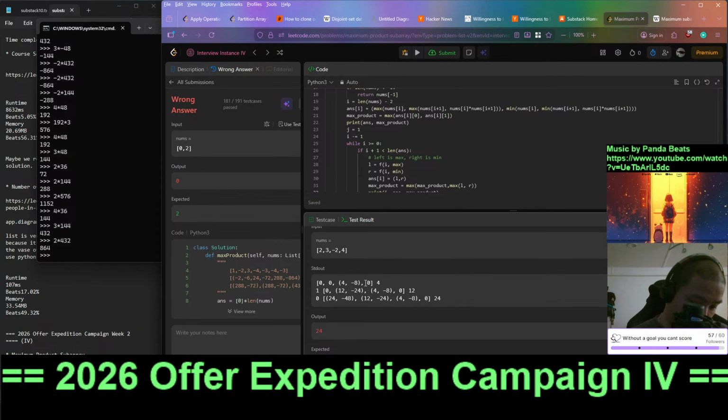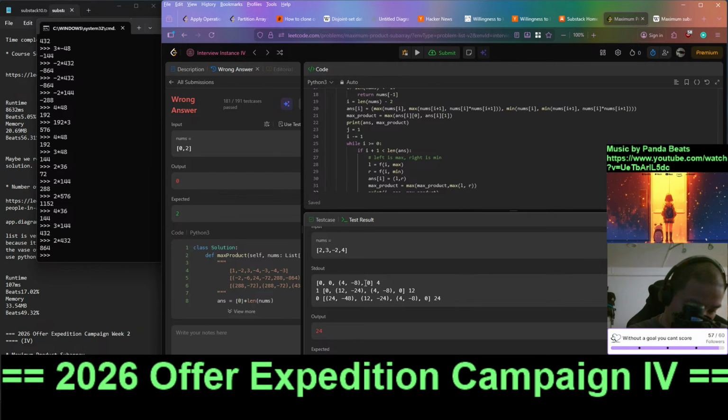So then given 3, it's going to be 3 times 4 is 12, negative 24, or 4 or minus 8, right?